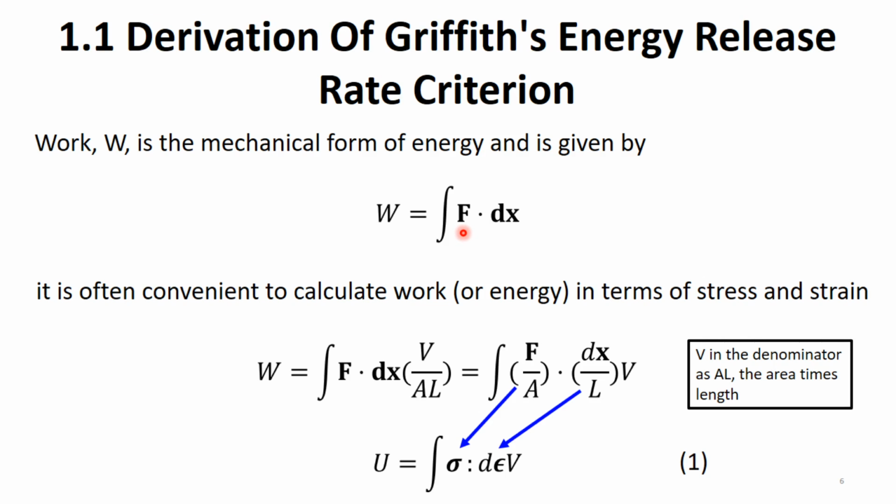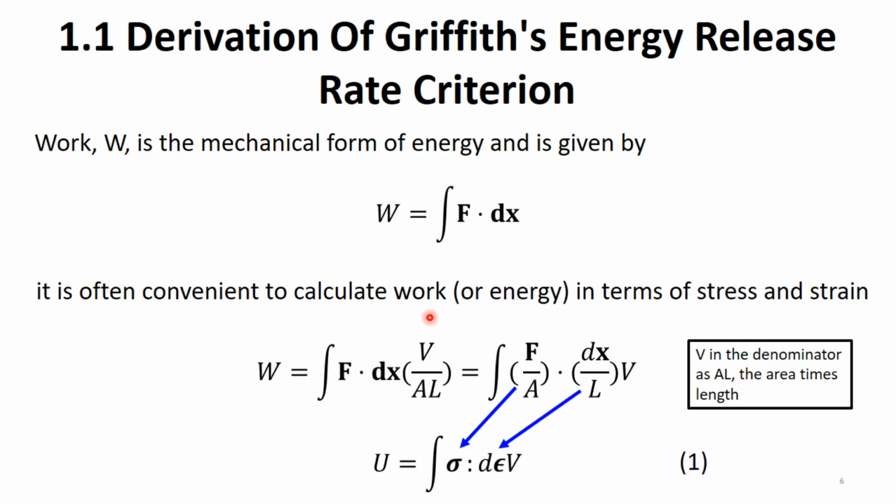F is the force, whereas dx is a small distance, and we can sum all the work done along different small patches with the help of integration. So this is the definition of work done.